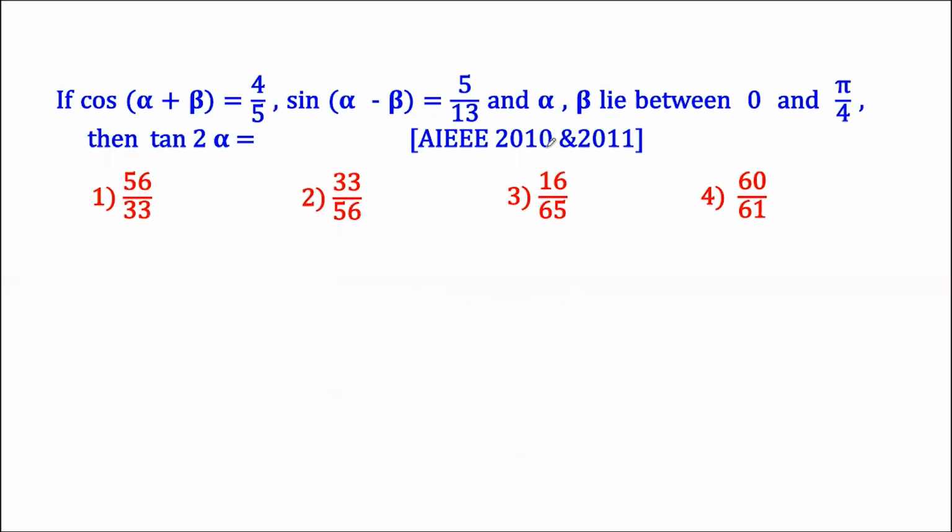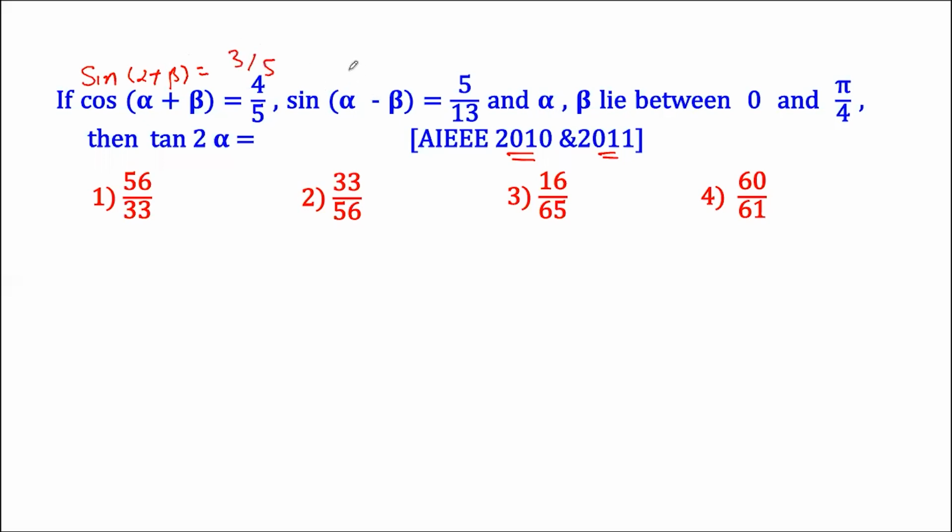Now, this is the question they have asked in 2 consecutive years, so obviously it is important. Cos of alpha plus beta is 4 by 5 and sine of alpha minus beta is given. If cos alpha plus beta is given, from there only I can write sine alpha plus beta is 3 by 5.